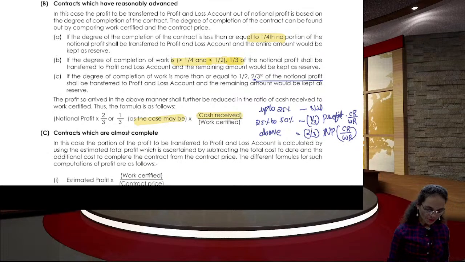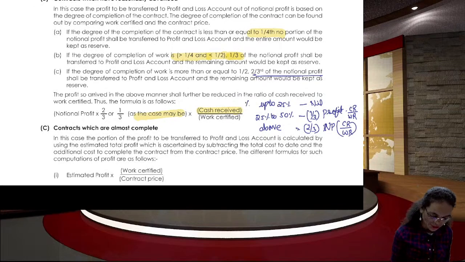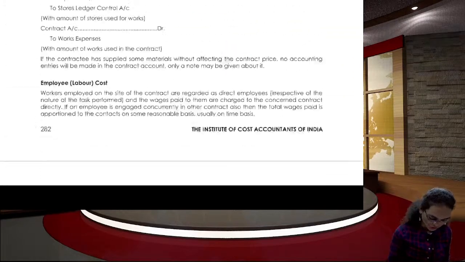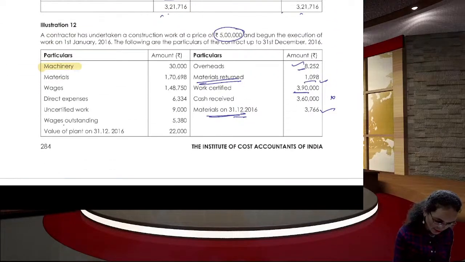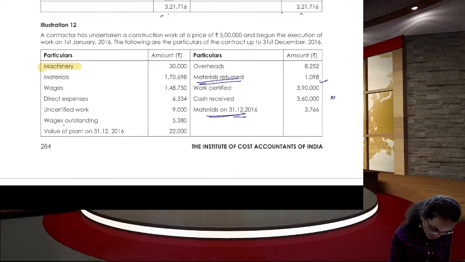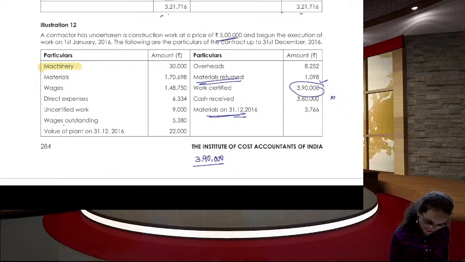So how to check the percentage of completion of work? I'll show you here. Come back everyone. Here, work certified is 3,90,000 and the contract price is 5 lakhs.